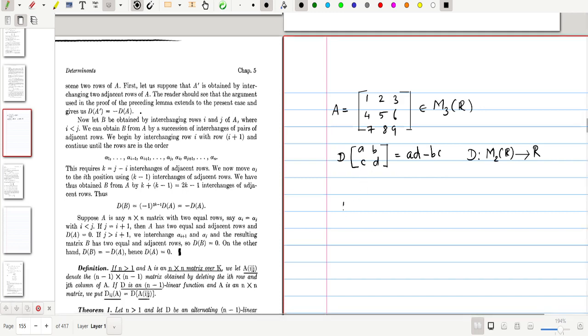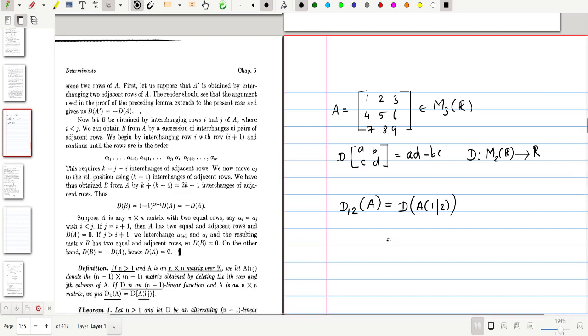Then what is D12 of A? So this is what we have put here, Dij of A. D12 of A is D of A12.